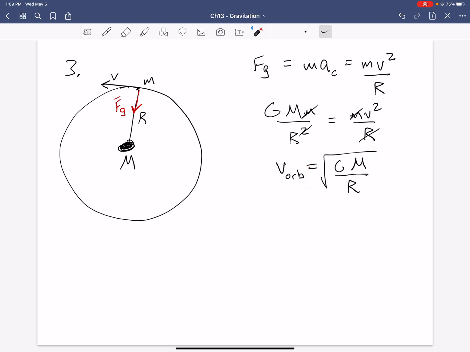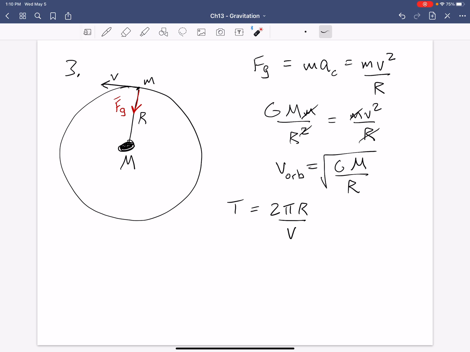Now, let's take this a step further and relate it to the period, right? How long it takes to go one time around. You know that as 1 year, basically, but let's put that in SI units. So in terms of uniform circular motion, the period we can write as 2 pi r over the speed.